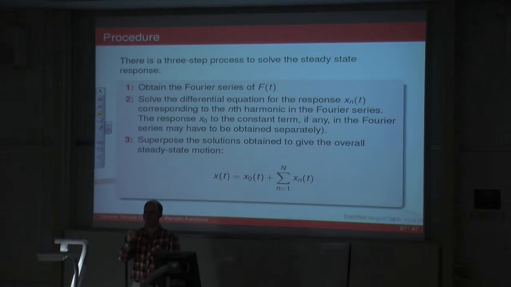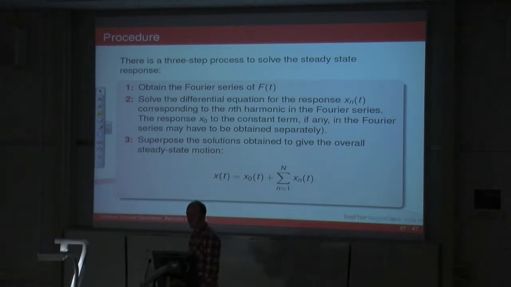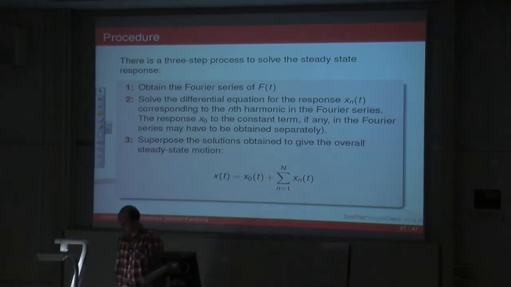You need to solve for x for each of those problems. Often there'll be a sinusoid involved because of the way the Fourier series is. Once you've got those solutions for x of n, you add them all up to get the total solution. That's the process you have to go through to solve them.